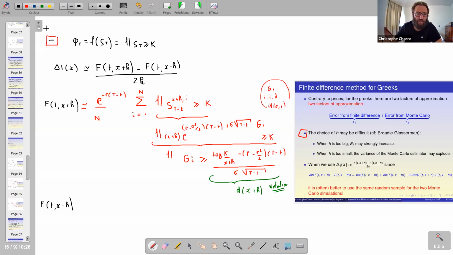So in exactly the same way, f of t, x minus h may be approximated by exponential of minus r times capital T minus t, over n, sum from i equal to 1 to n, of the indicator function of g_i, the same. It's important to have this in mind.